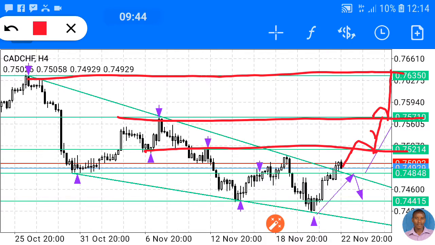And each and every time the price fails to close above those trend lines would mean that the price will bounce back to the previous trend line. As you can see, we have this line which is at 74.84.